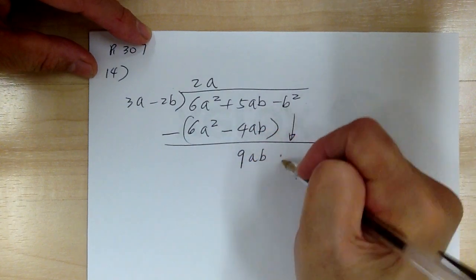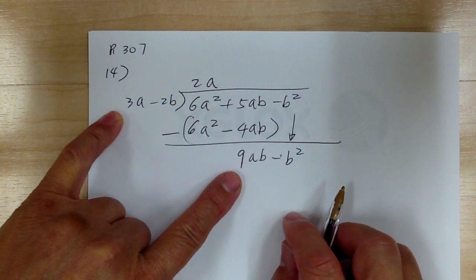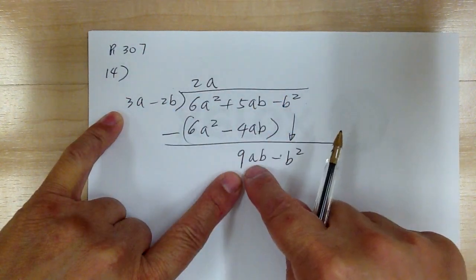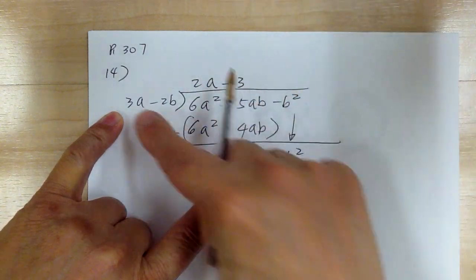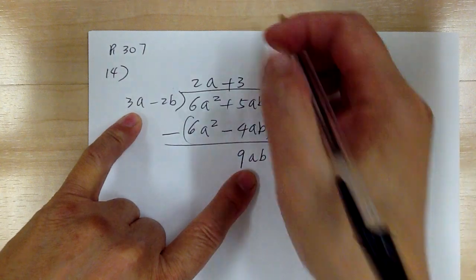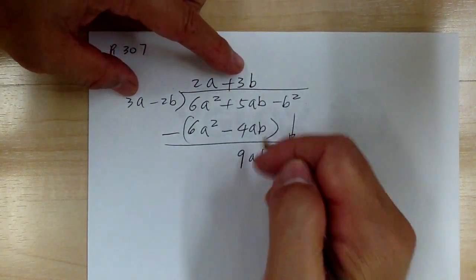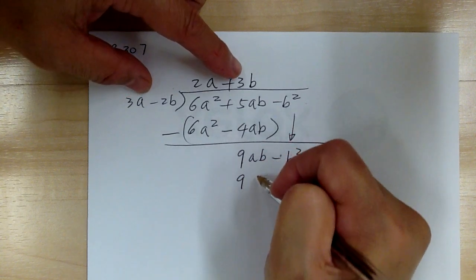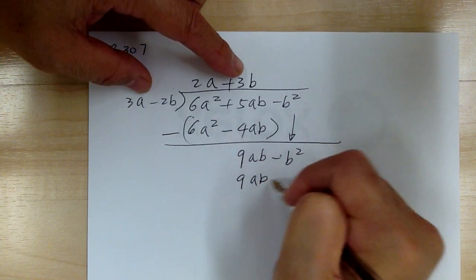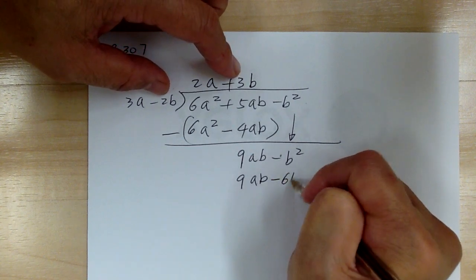Then you drop the next one. Now again, look at only the first term. So 3 times something will give you 9, so it will be plus 3. Take out the number, then take out the alphabet. You got A, but you have to get to AB, so you need to get B. Now you go and distribute. So you're going to get 9ab minus 6b squared.